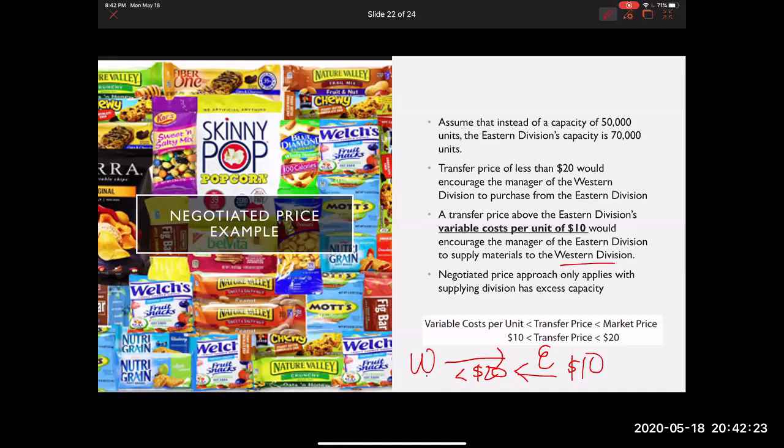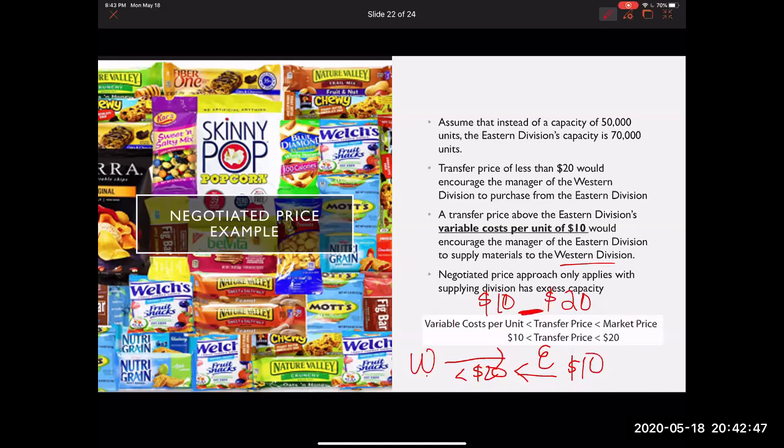So the Western Division is willing to buy from the Eastern Division if it's less than $20, and the Eastern Division is willing to sell to the Western Division if it's greater than $10. They have to meet somewhere between $10 and $20, in the middle.